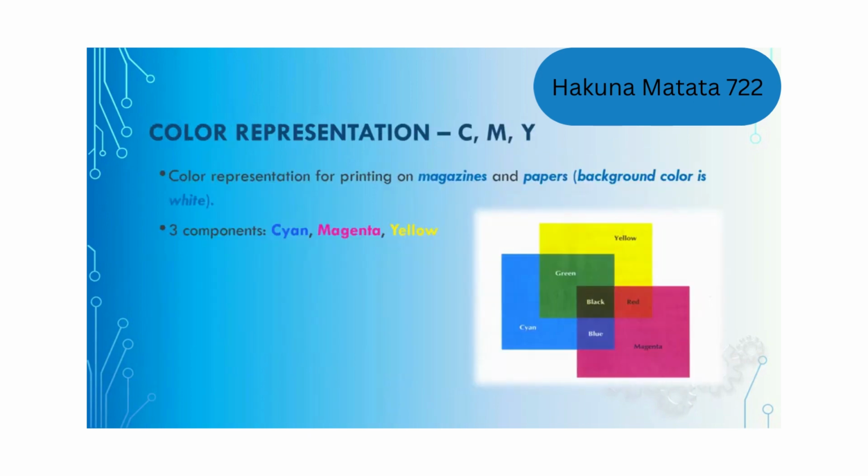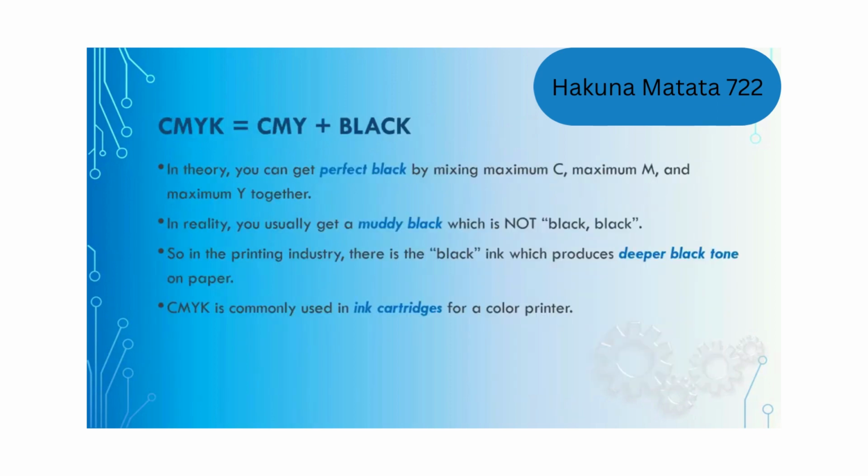If we are talking about background in black, then we can either use RGB or HSV to specify colors. But if we want to print things on papers and the background color is white, then we have to use cyan, magenta, and yellow, CMY. In theory, if you don't have any CMY, then you get the background color white.